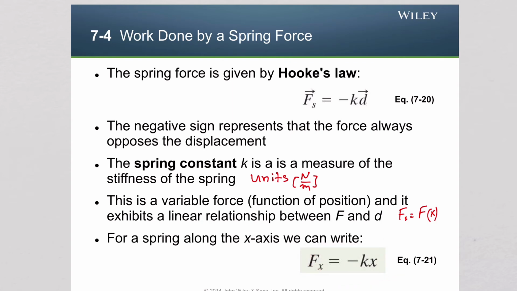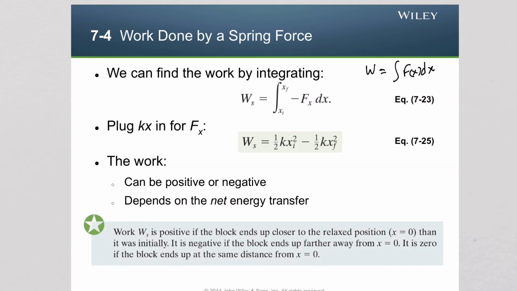Now, if we add all those forces for each of the segments together, that becomes a sum. And when we have a large number of terms in that sum, this sum simply becomes an integral. And so then that integral will look like so.